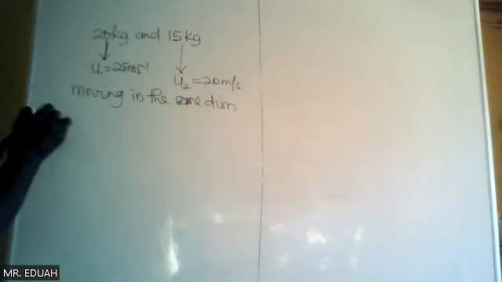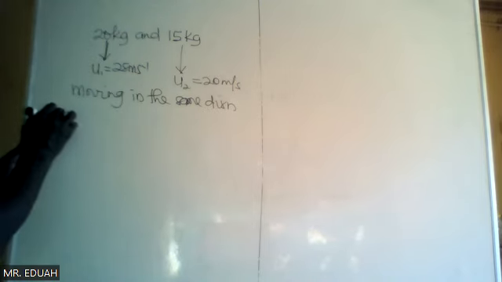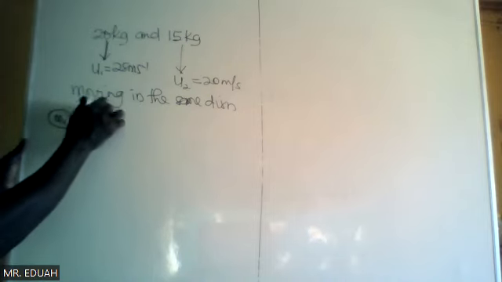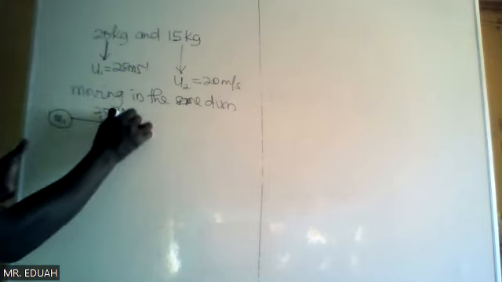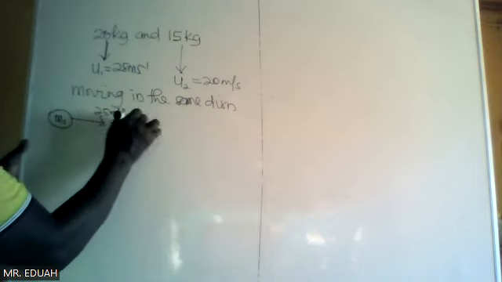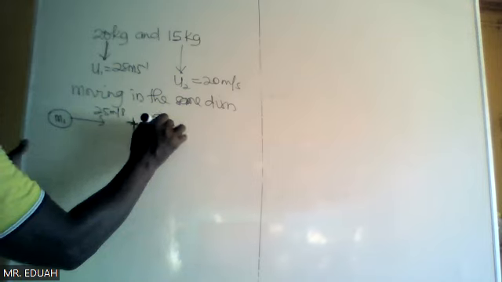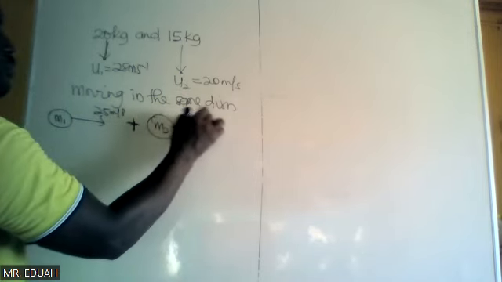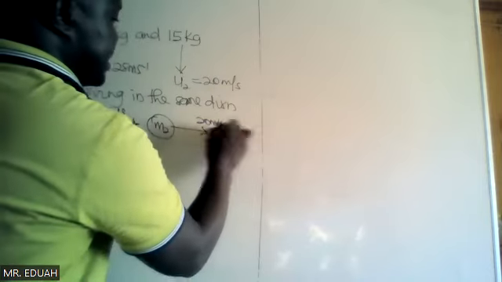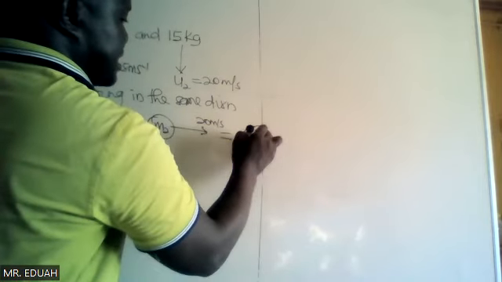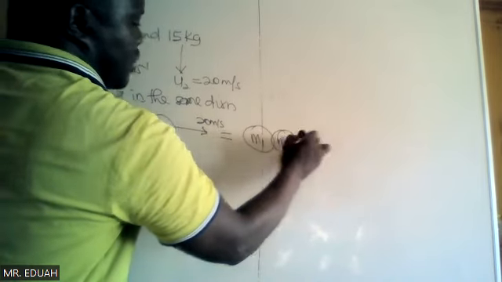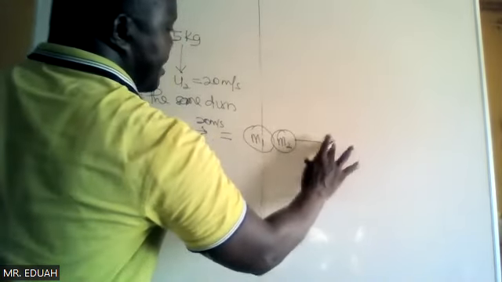So this is M1 moving with a velocity of 25 meters per second. They are moving in the same direction, so plus M2 moving with a velocity of 20 meters per second. After collision, the two masses join and their velocities are the same.